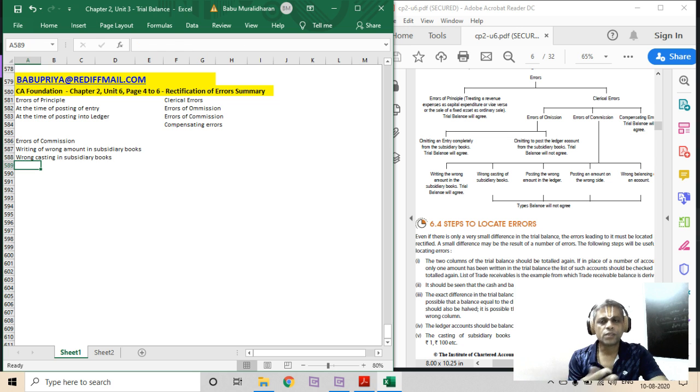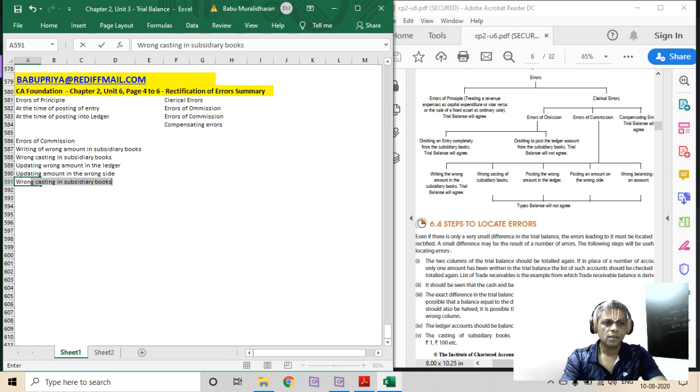We have seen all those things in detail; I'm just summarizing it. Then wrong amount in the ledger, then putting the amount on the wrong side, then wrong balance transferred, or wrong balancing of the account.